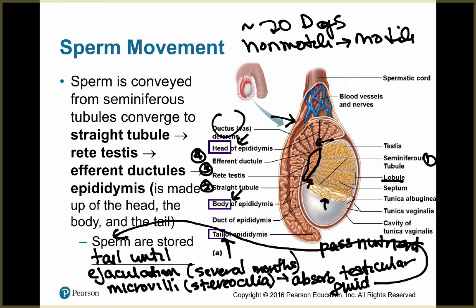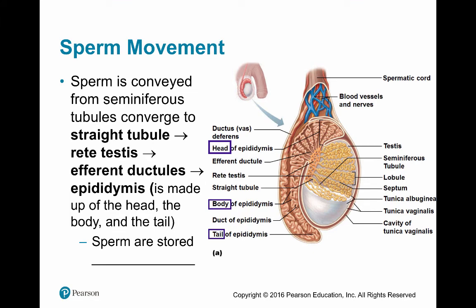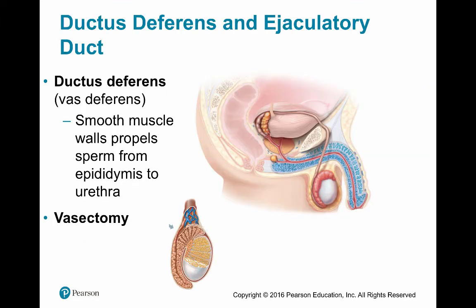We're going to talk a little bit because this is the duct system that we're going to get into. The ductus deferens has smooth muscle in its walls, and they can contract, which will propel the sperm from the epididymis to the urethra so that it can leave.